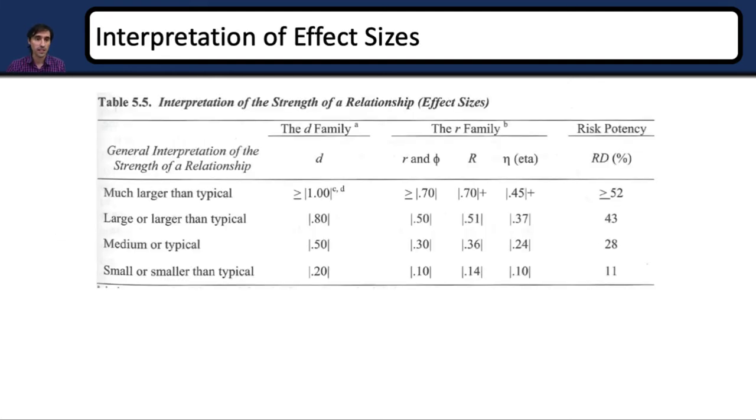So within effect sizes, if we look at this here, we have table 5.5, and I'm sorry, I don't have it within my notes of where this is directly from, but let's just look at it real quick. When we look at effect sizes, and we'll look at other examples, this is just basically giving you an understanding of the different levels.